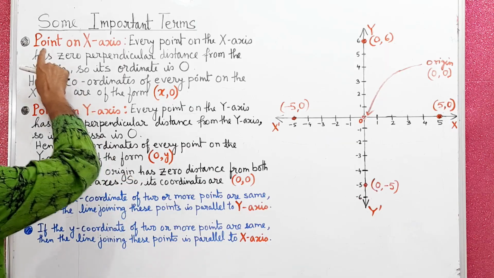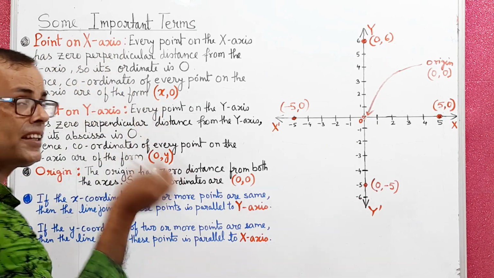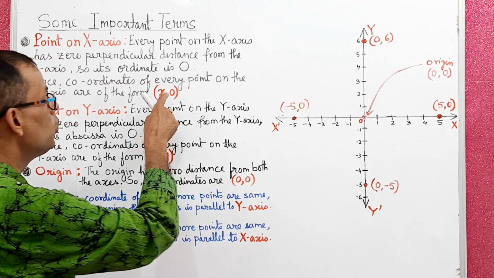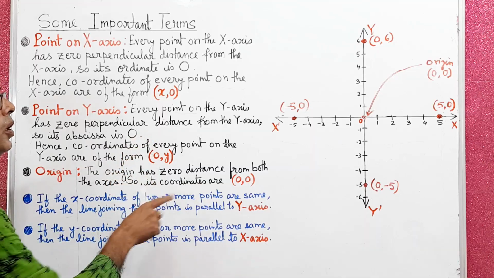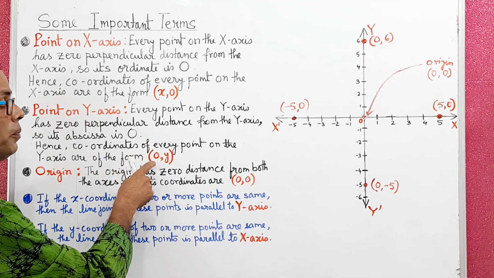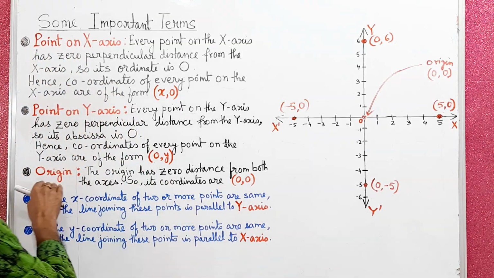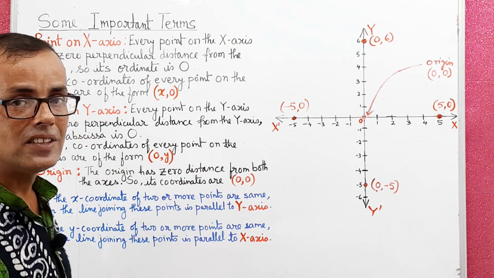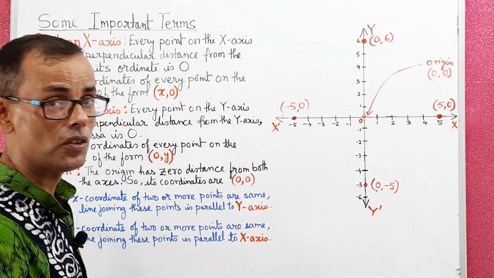So for a point on the x-axis, x will have a value but y will be 0. For a point on the y-axis, x will be 0 but y will have a value. And the origin will always be 0, 0. So these are the three important concepts.